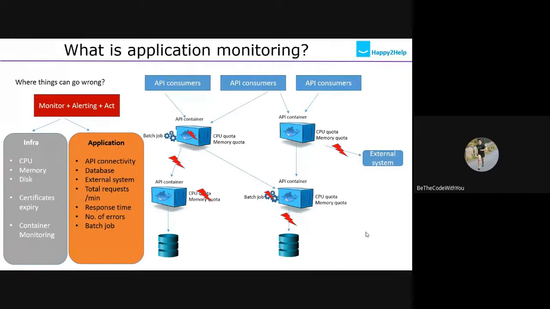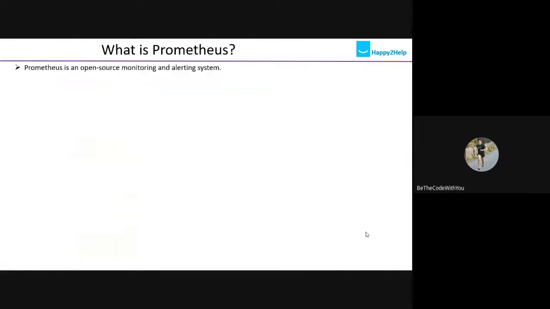Okay, cool. So let's talk about how Prometheus helps us export metrics out of these, so we can have monitoring and alerting set up. So what is Prometheus? It is an open source monitoring and alerting system.